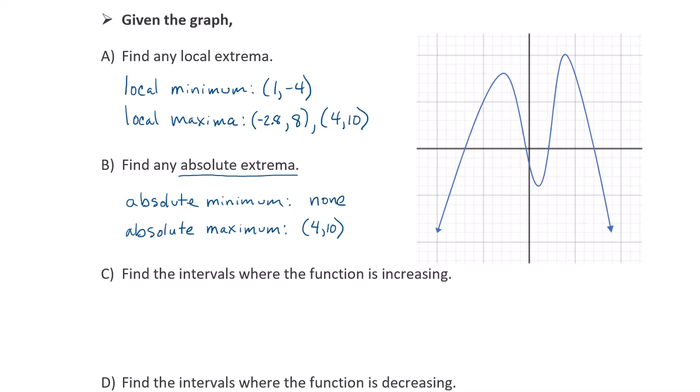Okay, now find the intervals here again just for practice where the function is increasing. Looks like we're increasing from negative infinity until about -2.8, and then we're increasing again from 1 until 4.